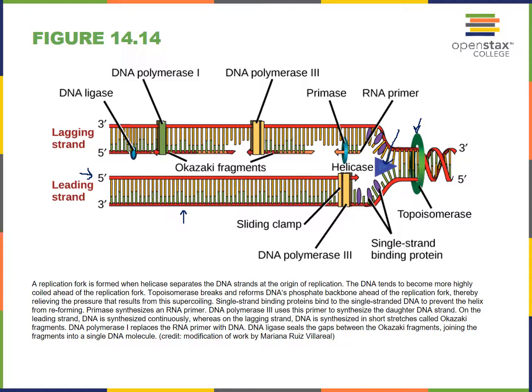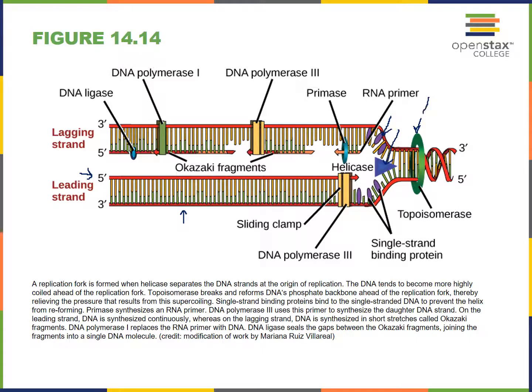Some people say it unwinds the helix. But basically it breaks the hydrogen bonding between the base pairs. Once it does that, these purple little things, which are called single-strand binding protein, bind to the single-stranded DNA and keep it from going back to being double-stranded. It keeps it open.